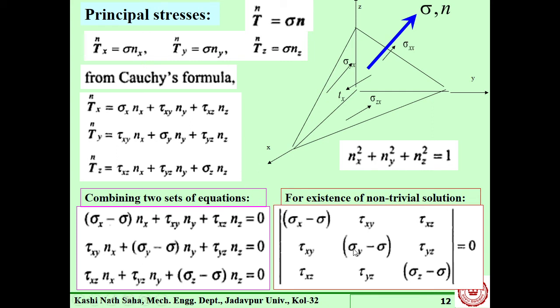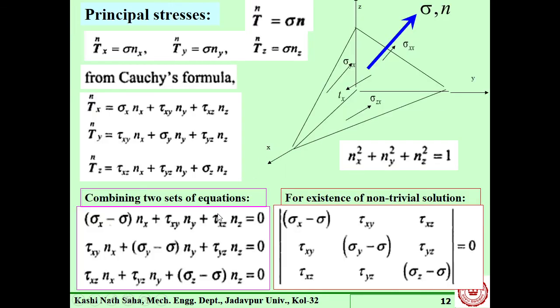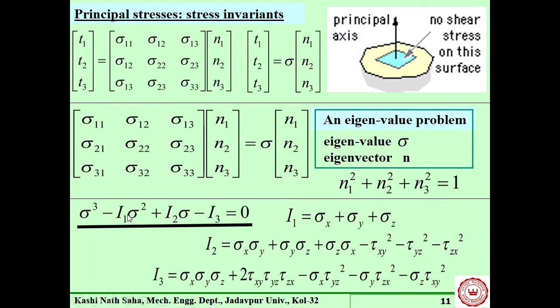Here itself it is there, sigma x, sigma y, sigma z, which are some numerical values. Because in general, this is the given state of stress matrix. These values are known. What is unknown is this sigma, right? So what we have done, we have expressed this equation in this form. Clear? In this form, from here we have expanded this determinant, and then we'll get some terms with sigma.